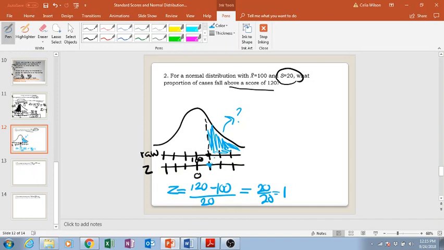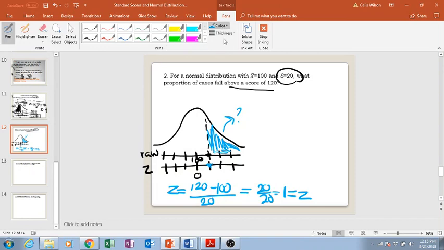And it makes sense, because my 120 should line up with my z-score because it's just a different scale, right? A different metric. So I'm still looking for this part. But now I have that z of 1 that I can look in my book for. And didn't we already look up a z of 1, right? Because we were looking at negative 1, remember? And so the book told us that for 1, it's 34.13, that area between the mean and z.